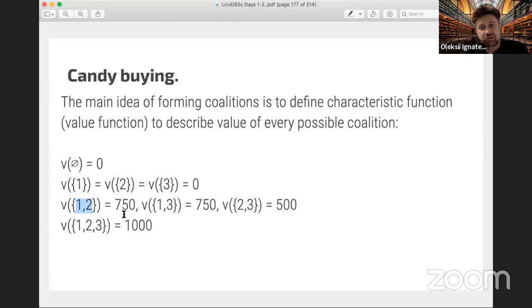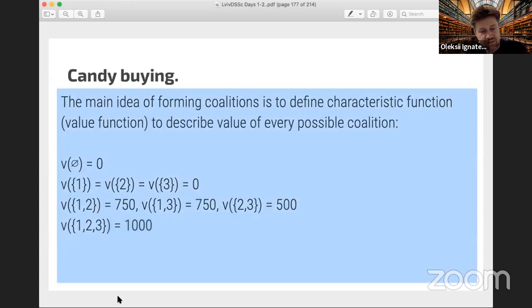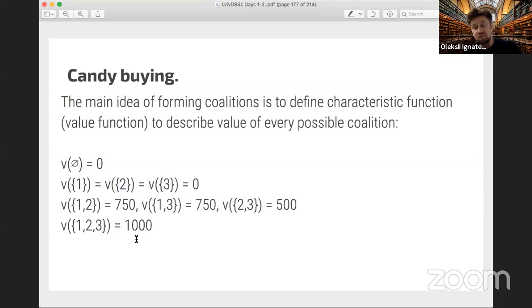First and second player, they can afford this. First and third, they can afford this maximum, and second and third, they can afford this 500. And all 3 can buy 1 kilo.